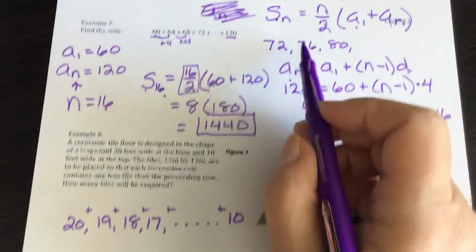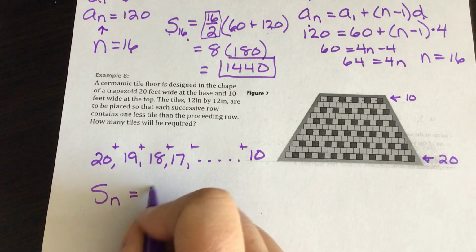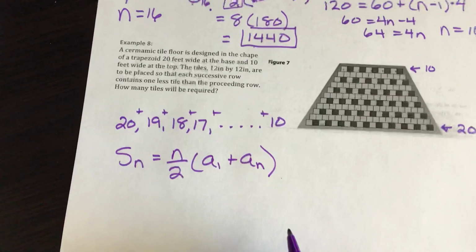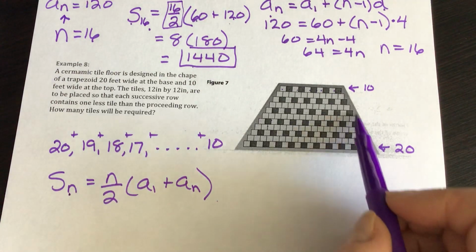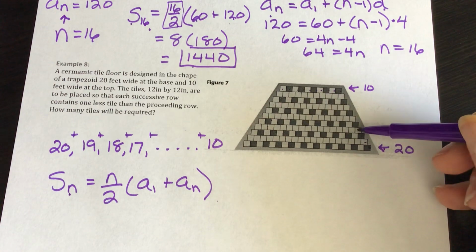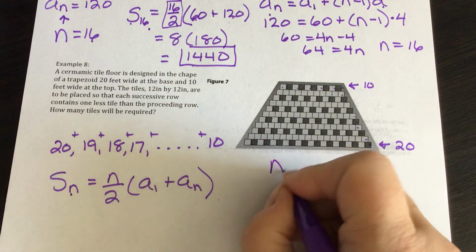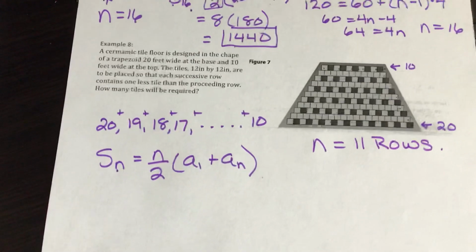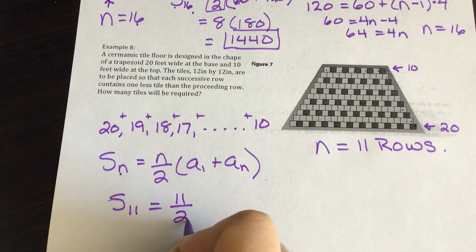So if I use my formula, where s sub n equals n over 2 times a1 plus an, I can look at this picture and count how many rows there are. If I start here, this is 1, 2, 3, 4, 5, 6, 7, 8, 9, 10, 11. So n is 11 rows. So s sub 11 is 11 divided by 2.